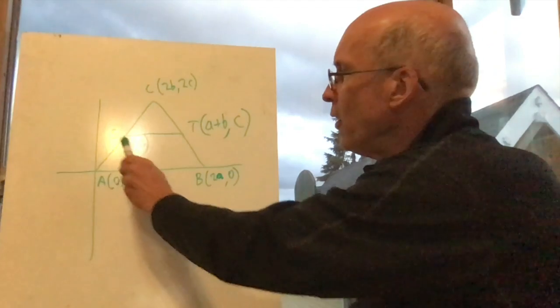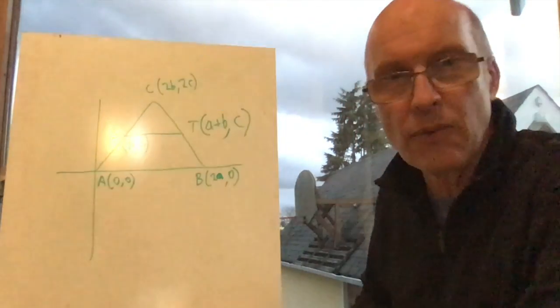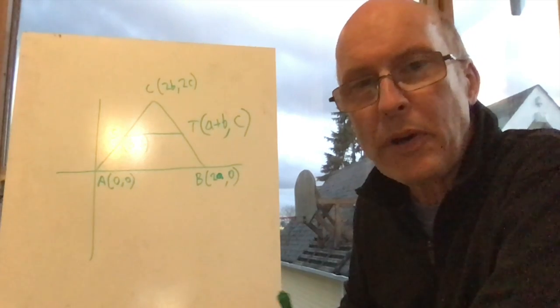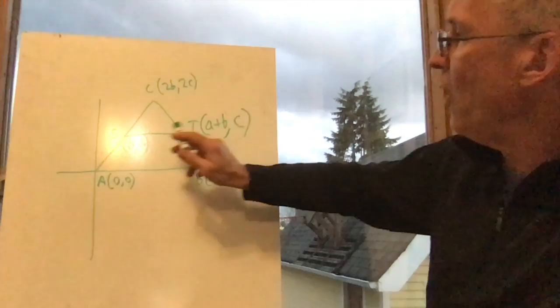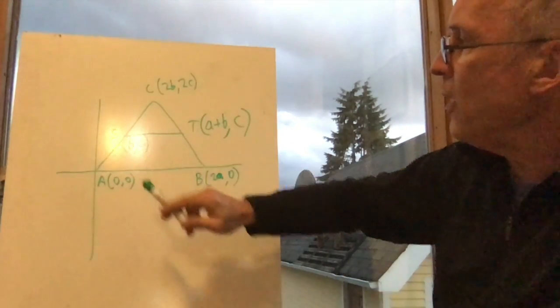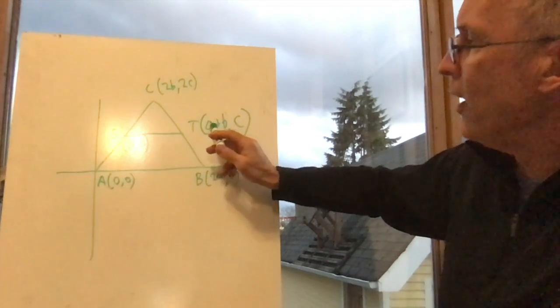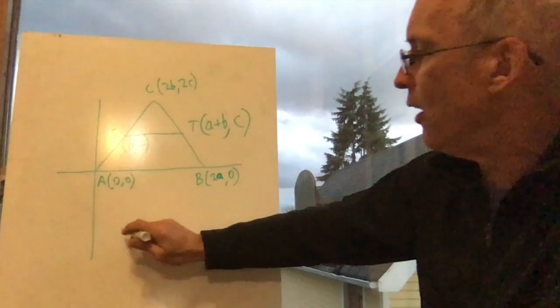So the S coordinate is (b, c), the T coordinate is (a plus b, c). So now what we're going to do is find out the slope of the line. And the slope of the line ST is going to be the y value minus the y value divided by the x value minus the x value. Okay? So let's just write that down.